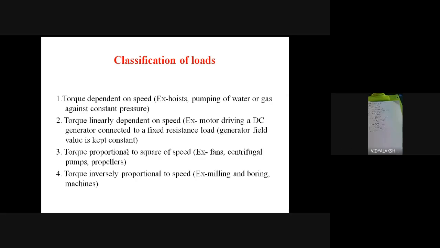On changing with respect to time, I have derived from this term nothing but T minus TL is equal to d by dt of J omega m. Because it depends upon the J and omega only, my T and TL will be varying, because the torque depends upon the inertia and angular velocity. So that's why I keep it as T minus TL, which is equal to d by dt of J omega.